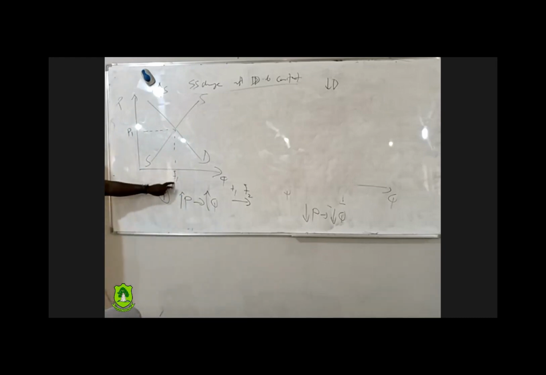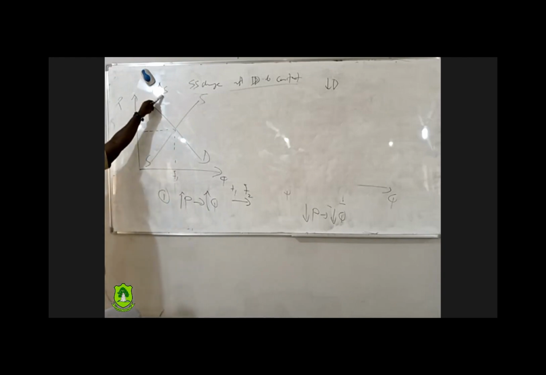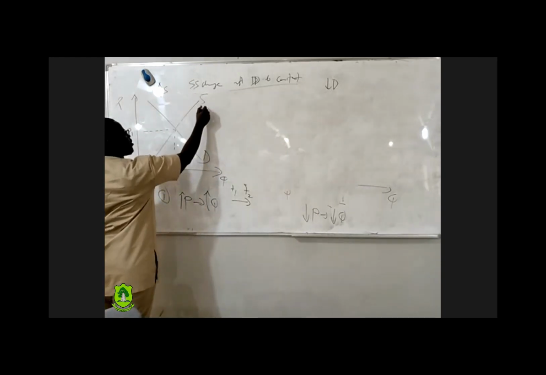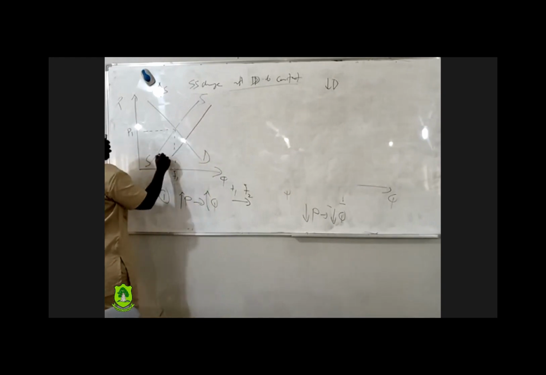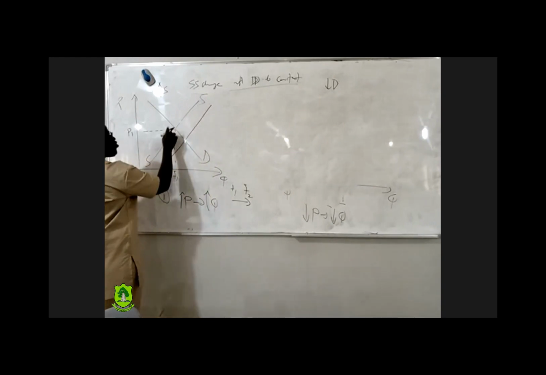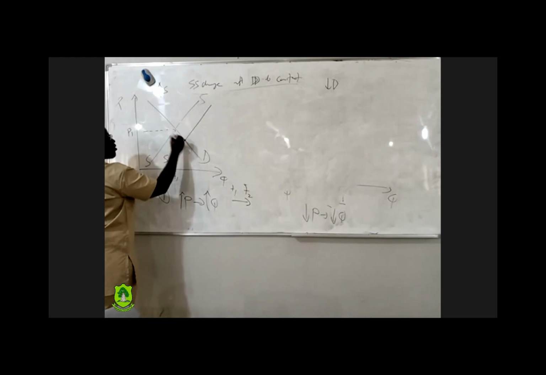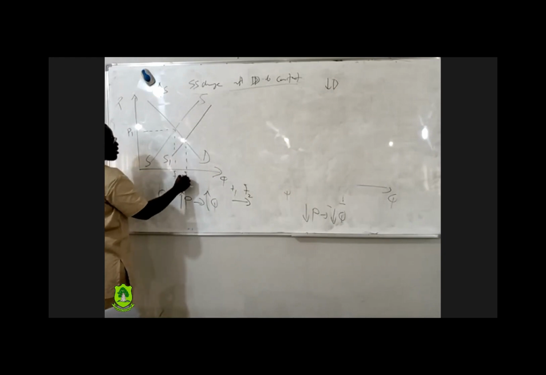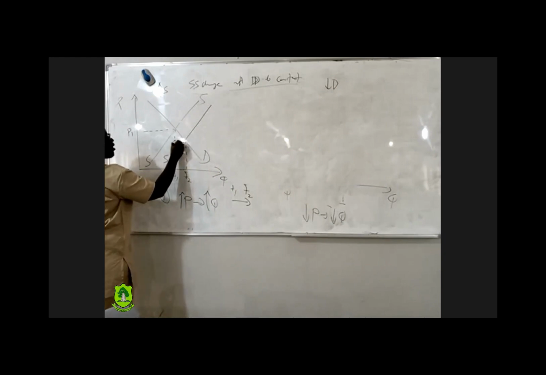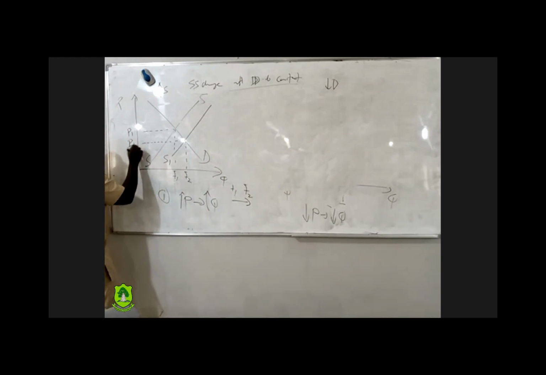If supply is increasing, the curve will shift to the right, so it will come here. We have the new supply curve. This will be the new equilibrium quantity, which is Q2, and the new equilibrium price is P2. What is the effect on the market?